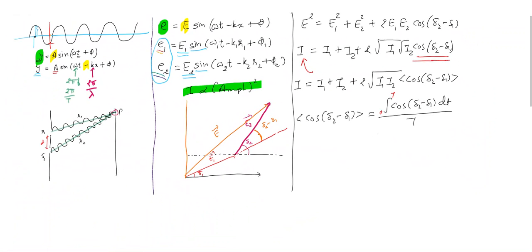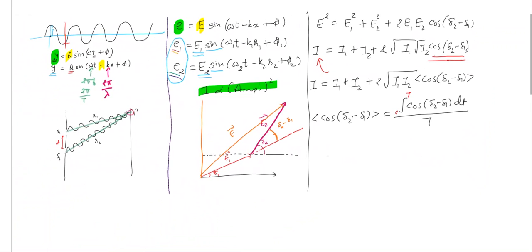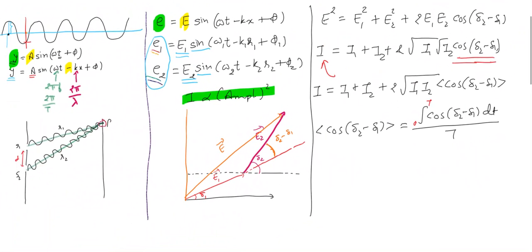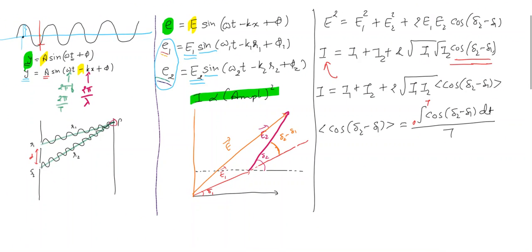And I forgot to mention what delta is. Delta 2 is omega 2 t minus k2 r2 plus phi 2, and delta 1 is omega 1 t minus k1 r1 plus phi 1.